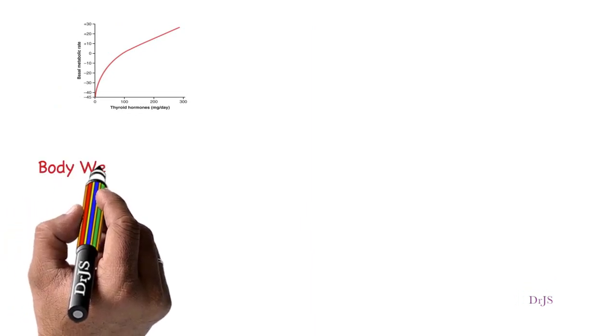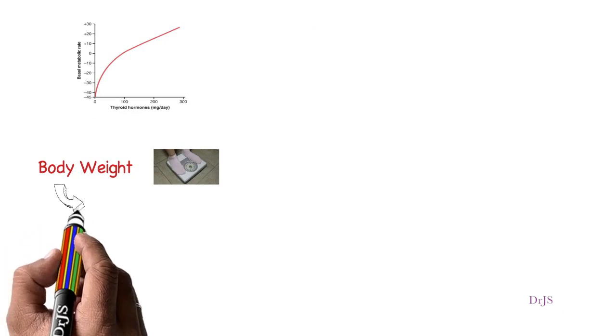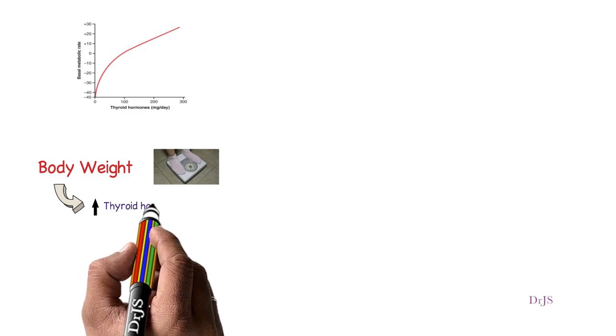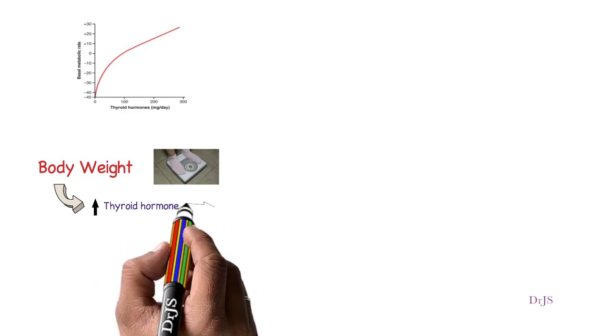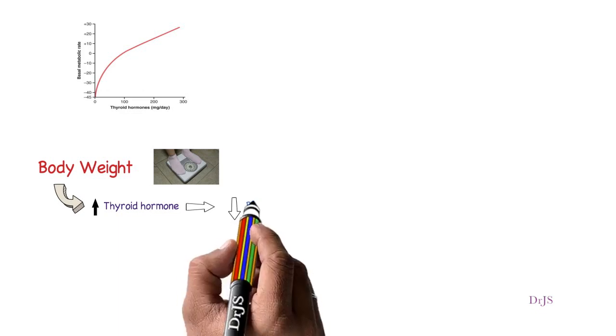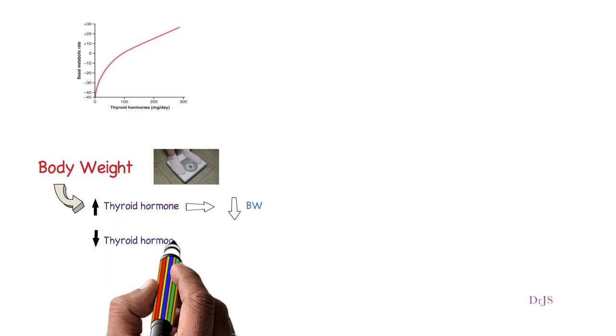Effect on body weight. Greatly increased thyroid hormone almost always decreases the body weight, and greatly decreased thyroid hormone almost always increases the body weight.